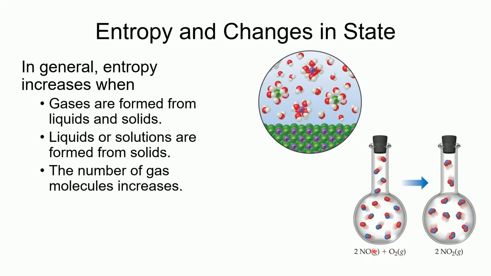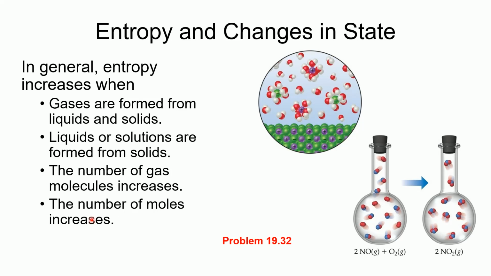If we look at the total number of moles on the left side of the equation, we have 2 plus 1, so 3 moles of gas on the left side, and we have 2 moles of gas on the right side. Since we're decreasing the number of moles of gas, the entropy of that system will be decreasing. If, on the other hand, we were increasing the number of moles of gas, we would be increasing the entropy.